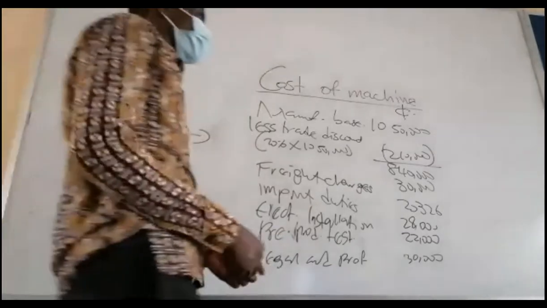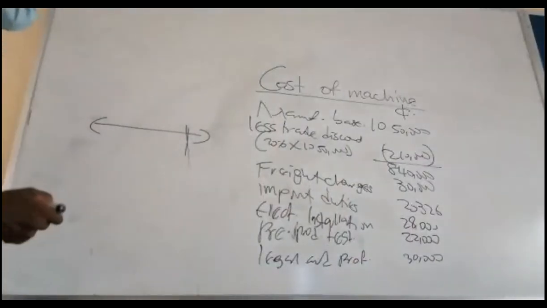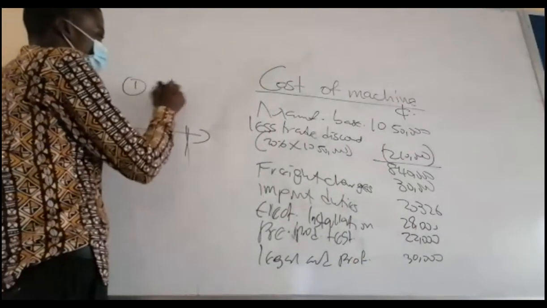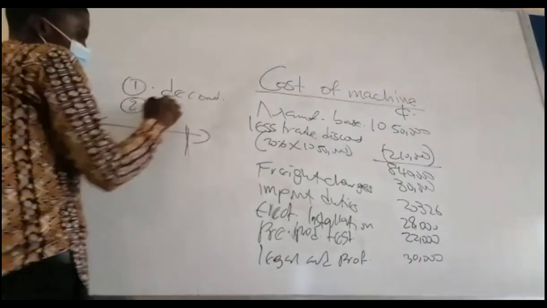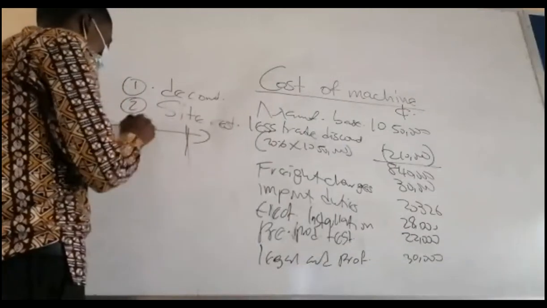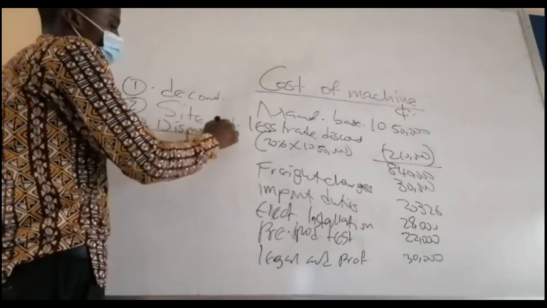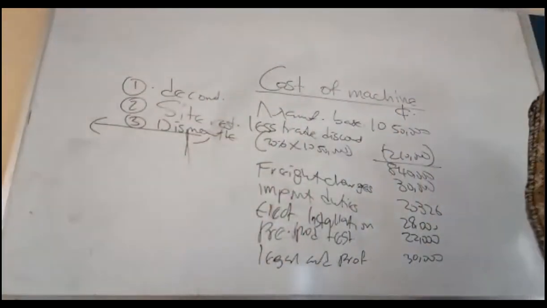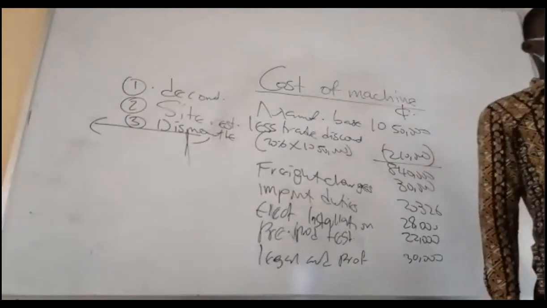So how do you do that? These 3 examples: 1, decontamination, like this question. 2, site restoration. And then 3, dismantle cost. All these costs have the same treatment. They are the costs that you will incur in future after the asset life, but it must be part of what? The initial cost of the asset.